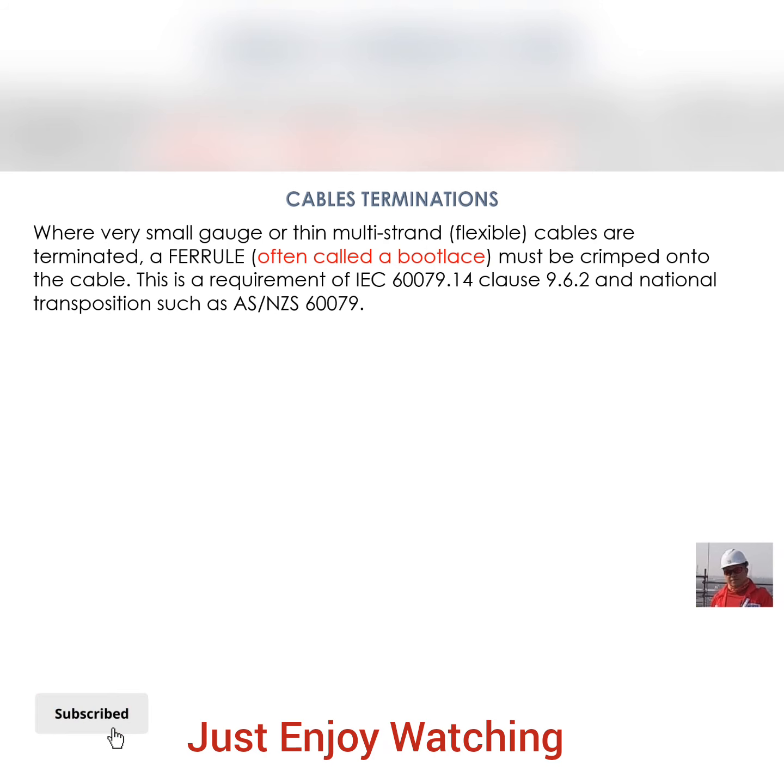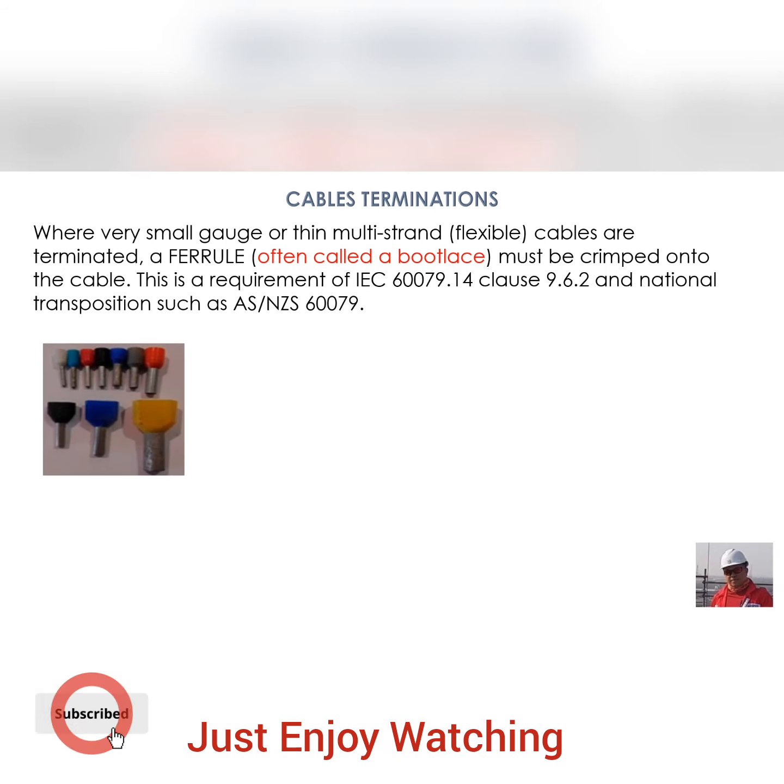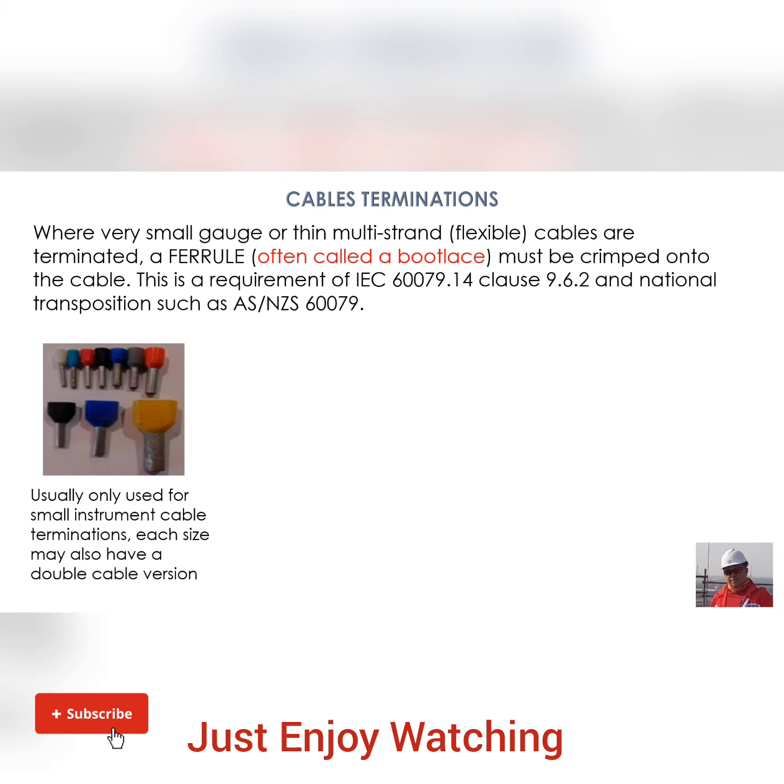That's what we call terminated cables with ferrule, often called bootlace ferrules, which must be crimped onto the cables. The requirements are as per IEC 679 clause 9.6.2 and national standards. Okay, so this is our bootlace ferrule that you can utilize. This, guys, is very small wire.